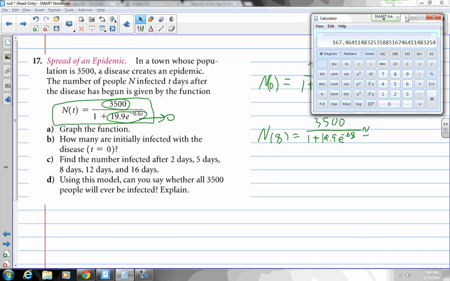So negative 0.6 times 8 equals that, that's the power, times 19.9 equals that, plus 1 equals that in the denominator, and 3,500 over that. So here we go. After 8 days, 3,007.